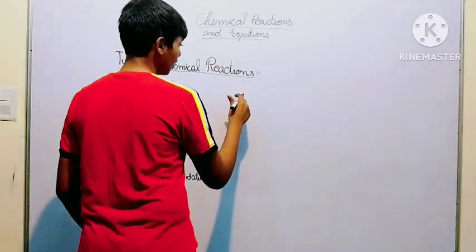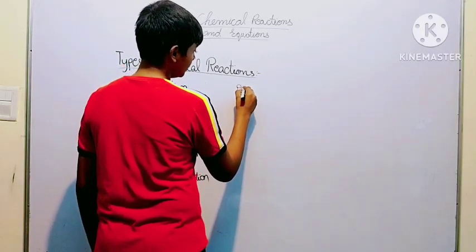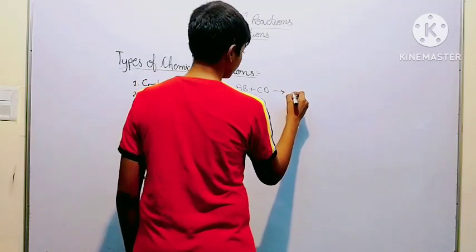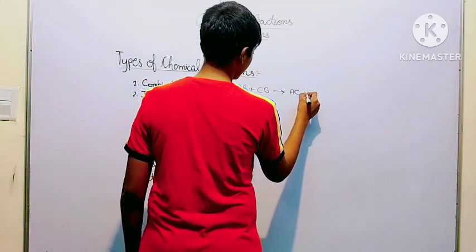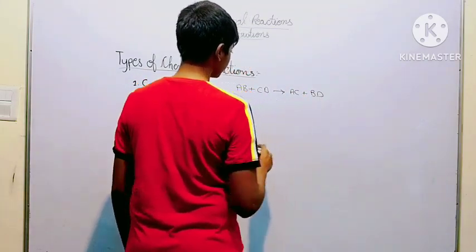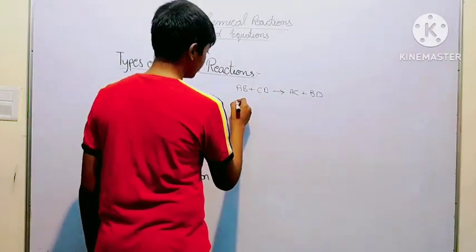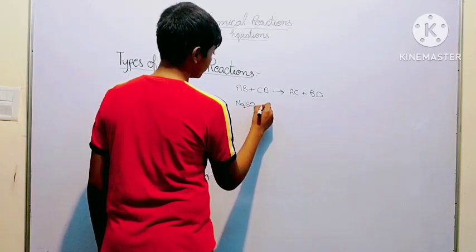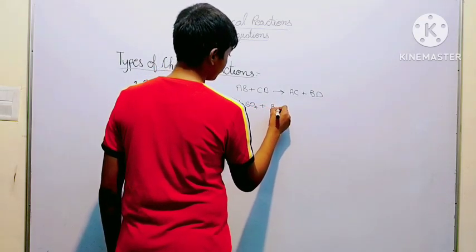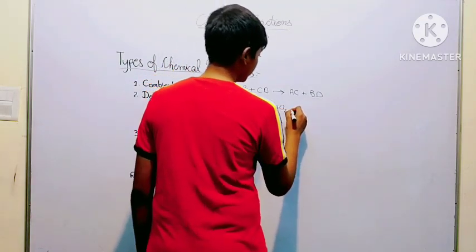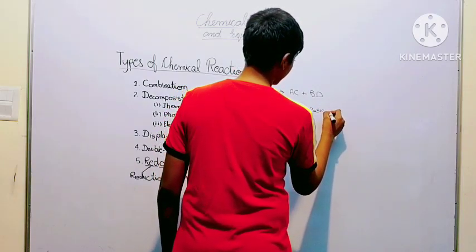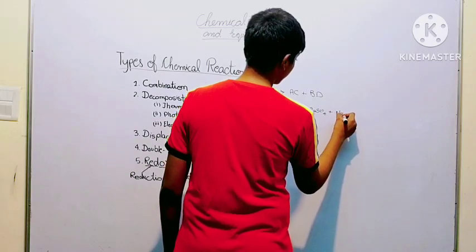So we would have AB reacting with CD to form AC and BD. Now let's take a very common example: sodium sulfate, Na2SO4, plus barium chloride giving barium sulfate and sodium chloride.